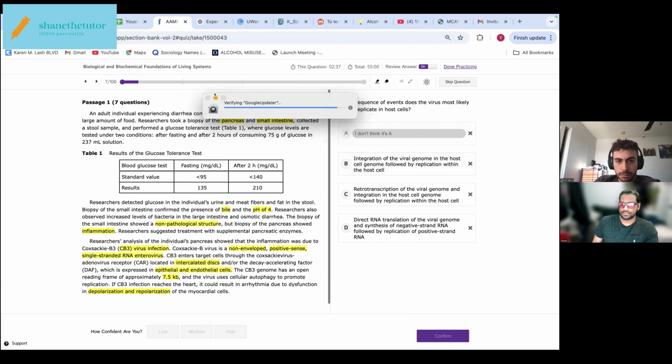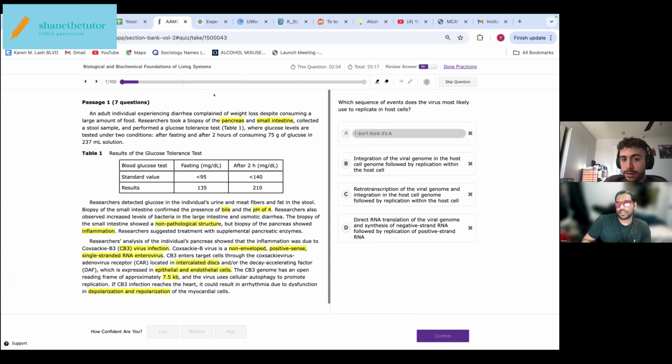I don't think that's right. It doesn't talk about the RNA or the positive sense or any of that. Well, what would the host cell genome be made of?